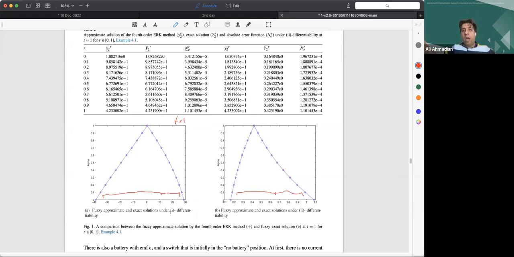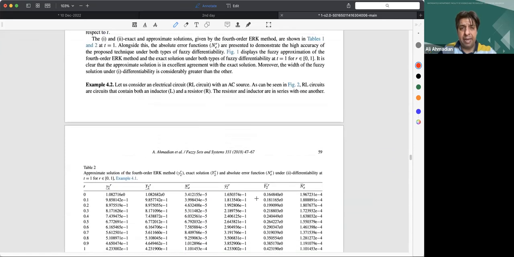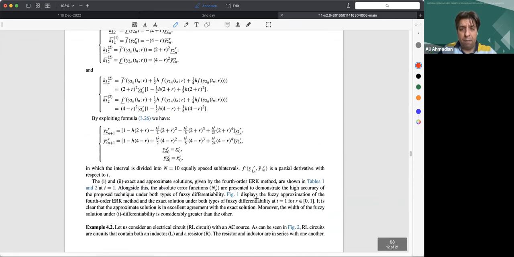Very wide lengths once we use Hukuhara difference, and very tiny or small lengths once we use generalized Hukuhara difference. We want to conclude in which cases we have this problem.